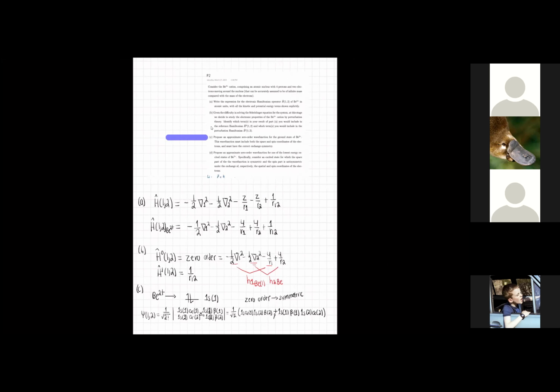So this question I think is a toughie. So right here, you would use the multi-electron operator equation, where for part A, they ask you for the Hamiltonian for a 2-electron system for beryllium 2+, and all you need to do is plug in Z and everything.